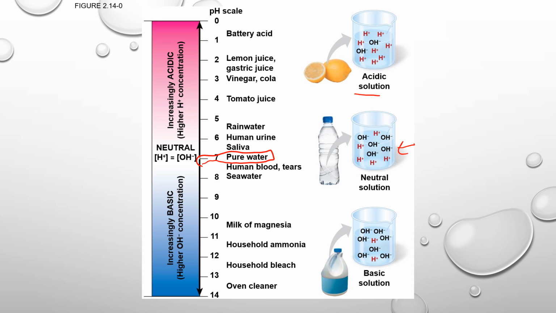If we have an acid solution, we have more H's than OH's. Some weak acids are up here, and strong acids like battery acid and lemon juice. Gastric acid is your stomach acid, which is actually very acidic. Then Coca-Cola, vinegar, tomato juice, etc. The basic things would be, our tears are a little bit basic, but then strong bases would be ammonia, bleach, and oven cleaner.